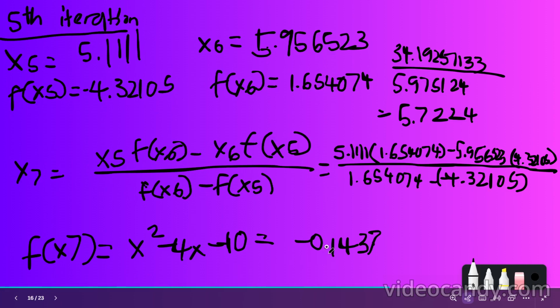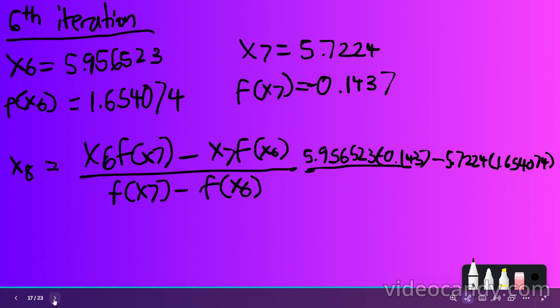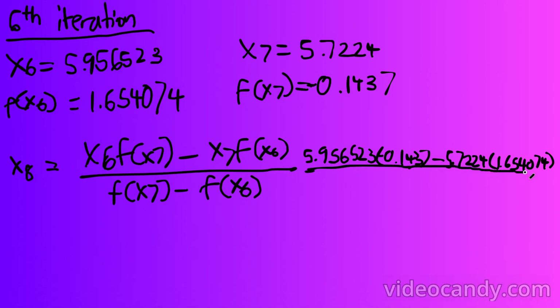Yeah, so f of h7, the below one, negative 0.1437 minus 1.654074.